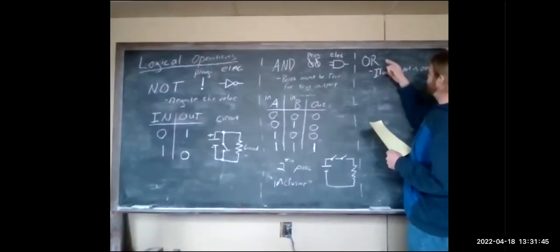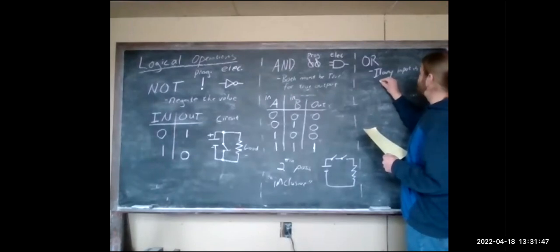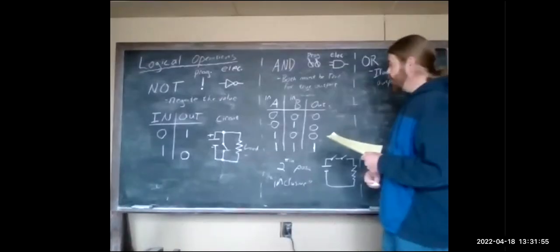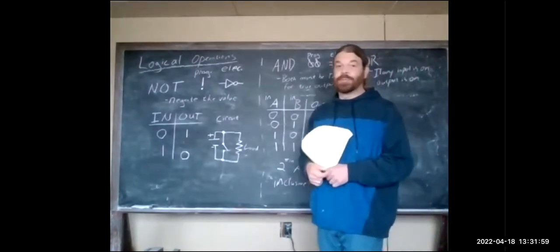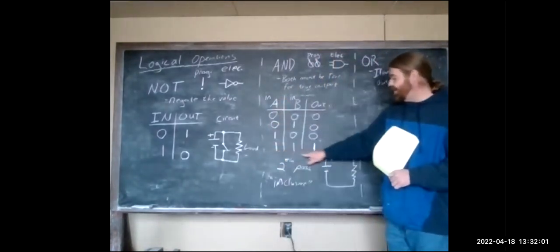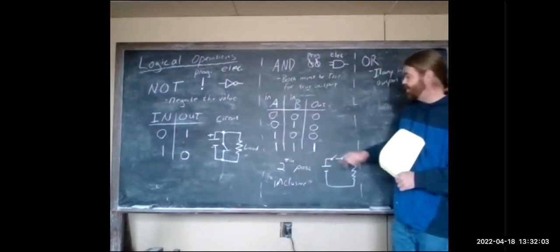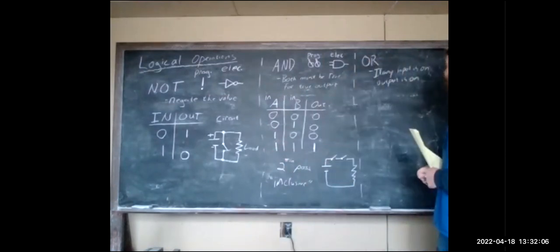So here with an OR gate, if any input is on, the output is on. So I mentioned, you can think of the analogy of a courtroom. The truth, the whole truth, and nothing but the truth. So only that one row is going to work.